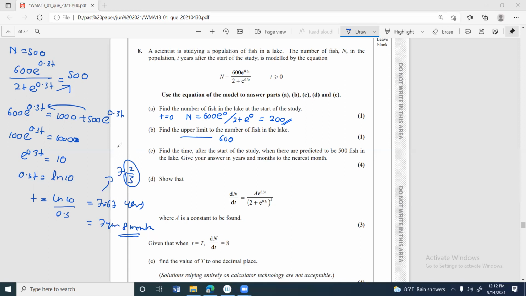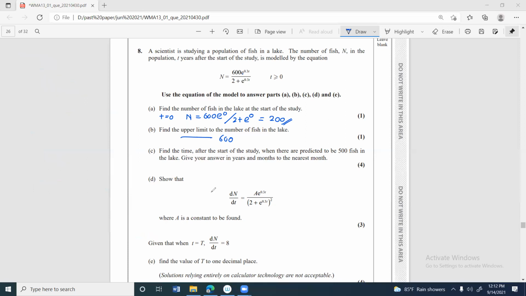Right, then we will go ahead to the next part of the question. Show that dn over dt is a differentiation of this. You have to use the quotient rule.